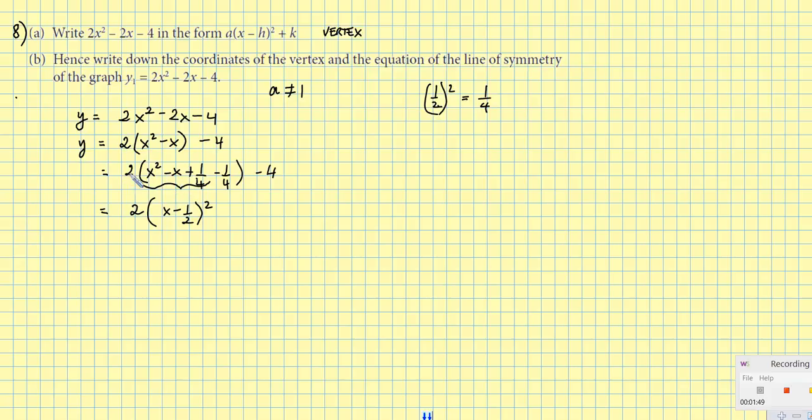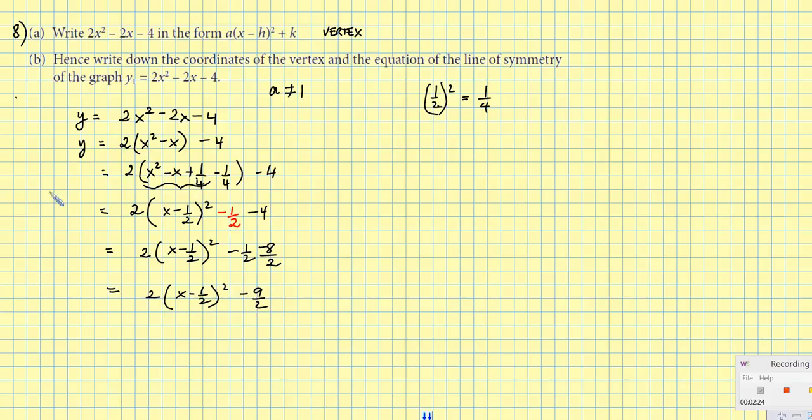And now because the 2 has to be multiplied by the negative 1/4, I end up getting on the outside of the bracket negative 2/4, or negative 1/2, minus 4. And so we have 2(x minus 1/2) all squared minus 1/2 minus 8 over 2, which is equal to 2(x minus 1/2) all squared minus 9 over 2.